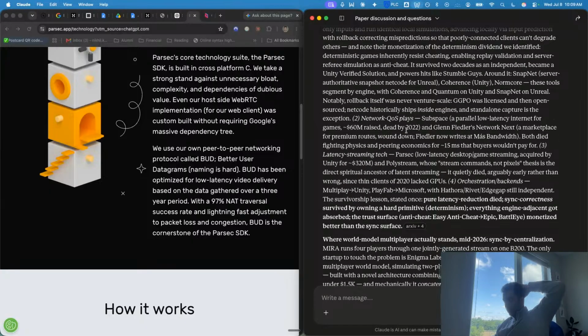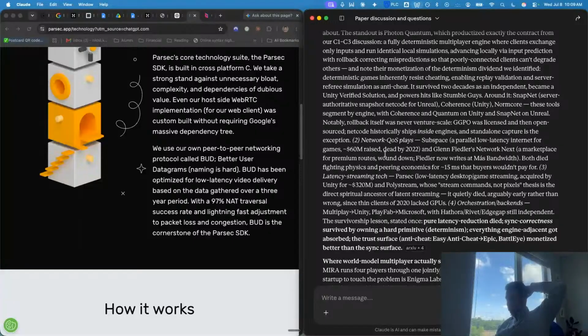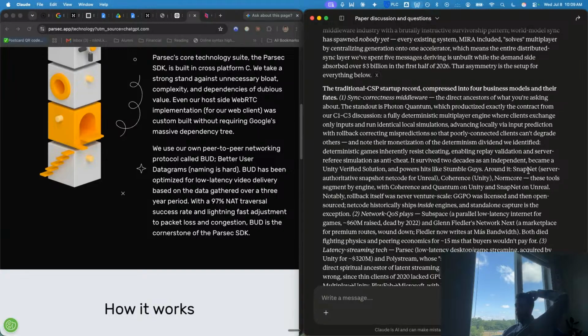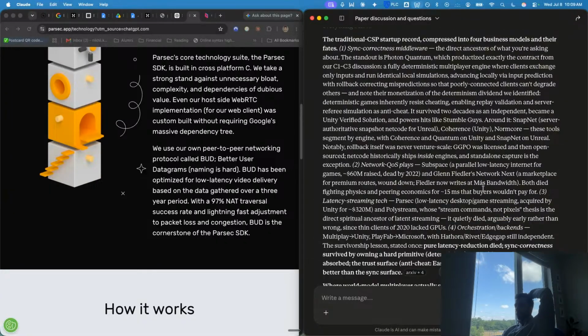So that's the ecosystem of multiplayer games in the traditional regime of hard-coded rendering engines. And then I asked Claude to extrapolate that ecosystem to what needs to exist for world model generated multiplayer games.